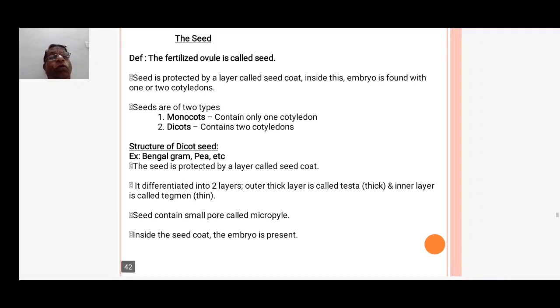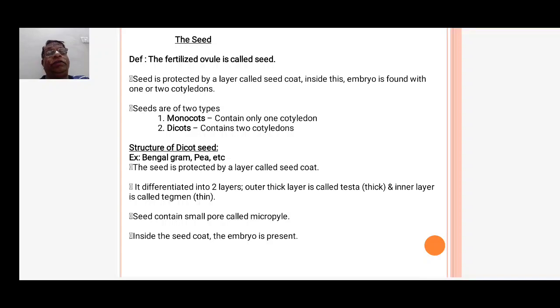Let's move to the next part, the seed. You know that the ovary contains ovules. Ovules contain female gamete. After fertilization, the ovule is transformed into what is known as seed. How to define seed?